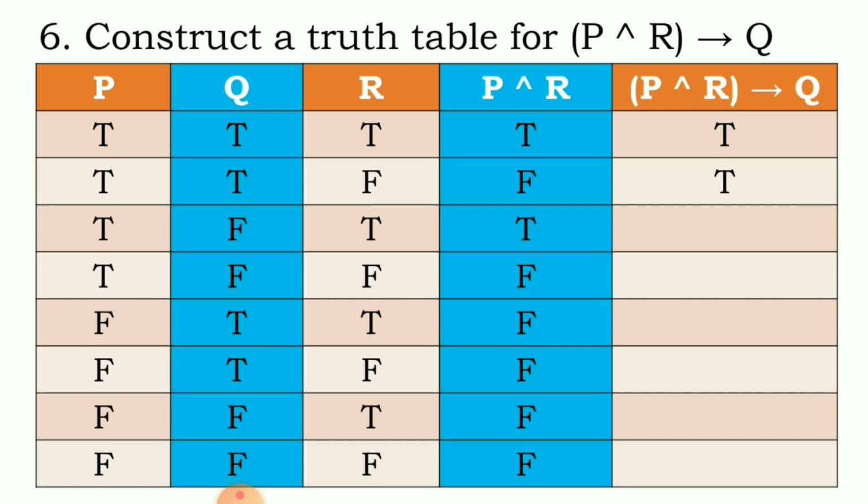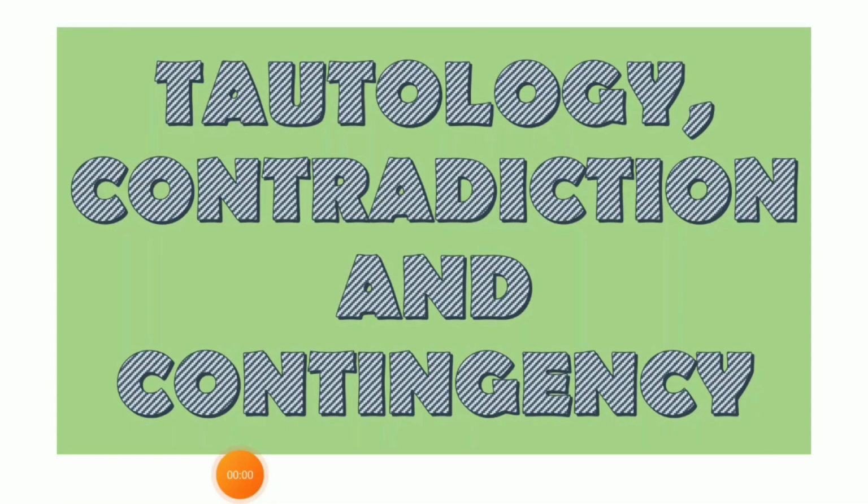True false, that will be false. Both false, that is true. False true, that is also true. False true, another true. Then both false, that is true. And another both false, that is true. That is constructing a truth table.